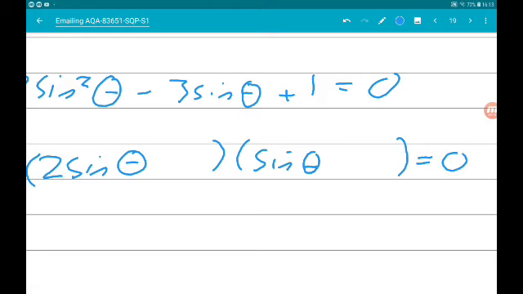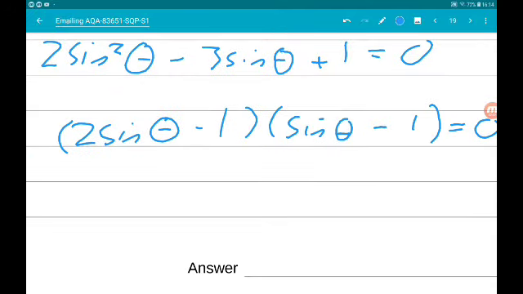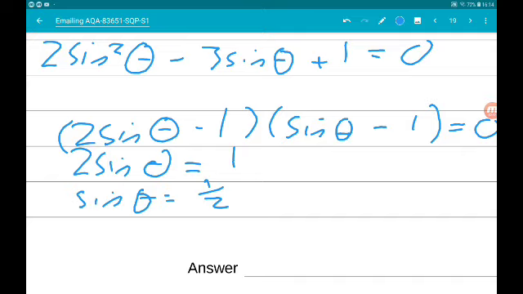The two numbers need to multiply together to give us 1, but we have a negative in the middle, so they're both going to have to be a negative 1. So, we now get 2 equations. 2 sine theta is equal to 1. Sine of theta then is equal to 1/2.